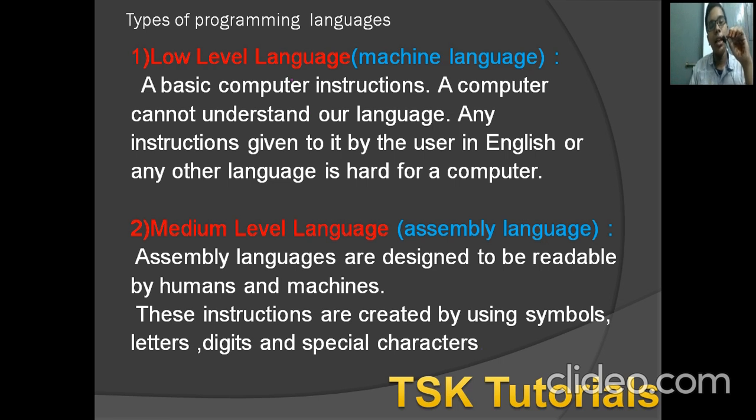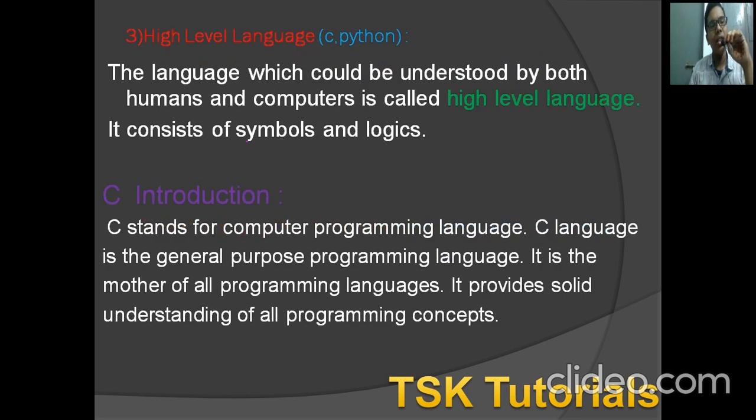Humans cannot read or understand it. Medium level language is also known as assembly language because it is understandable by both humans and machines. High level language is very easy and can be understood by humans.